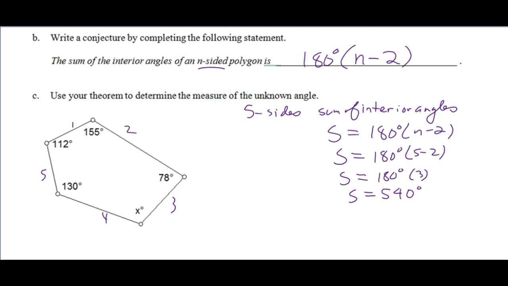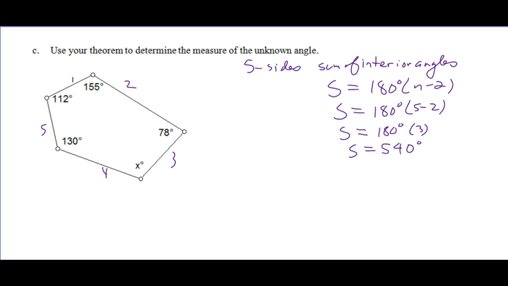S is the sum, and n is the number of sides. Now we also know that S is equal to 130 degrees plus 112 degrees plus 155 degrees plus 78 degrees plus x degrees.